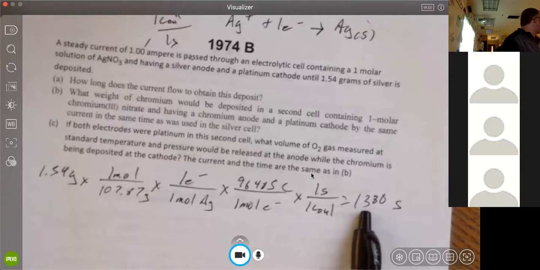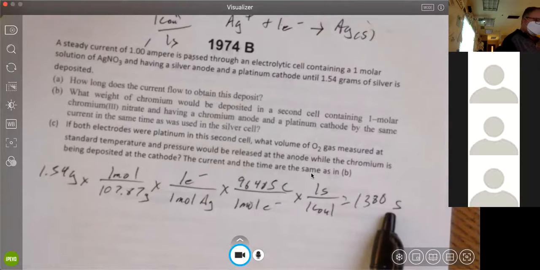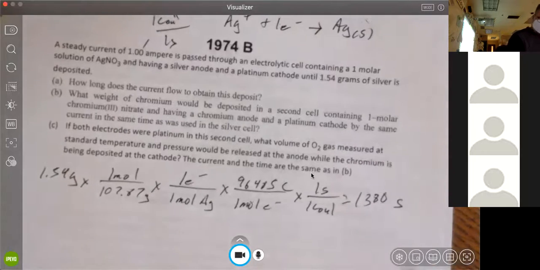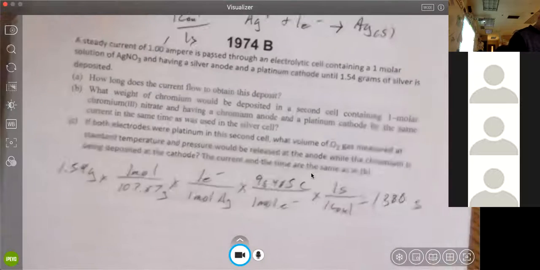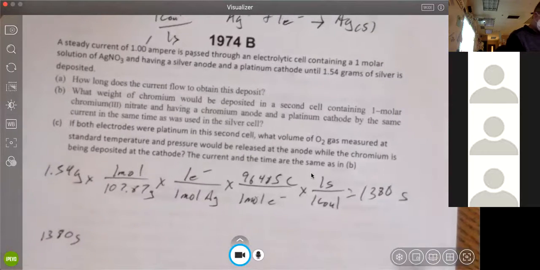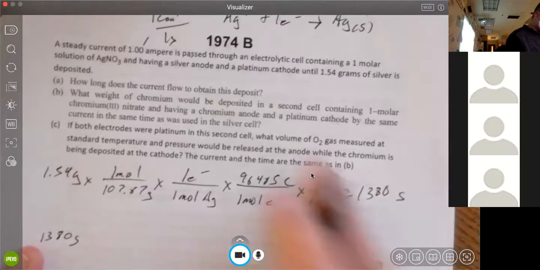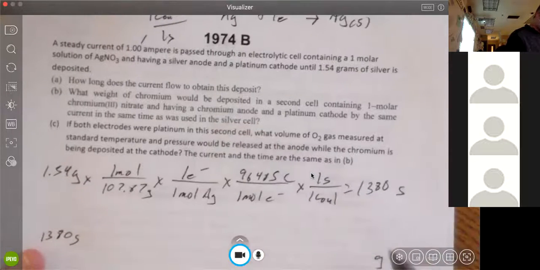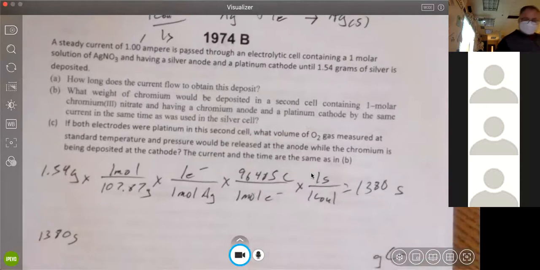Are we going to just grab this time and do what? 1380 seconds. I'm using that because it's the same amount of time. I want to find the weight of chromium, so I'm going to put grams chromium there.